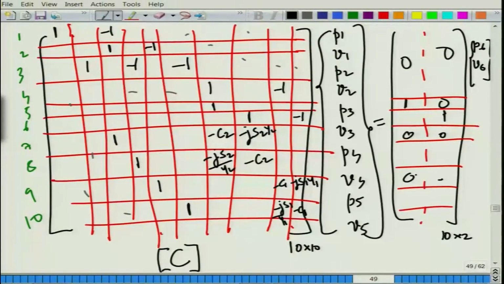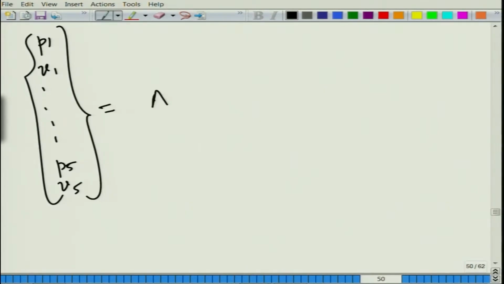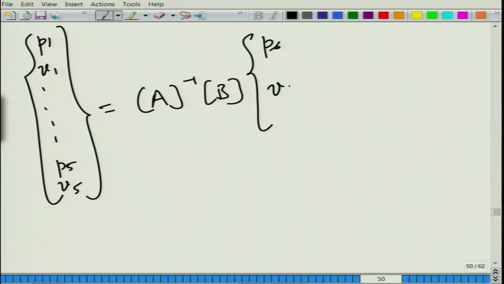Now, let me call this the B matrix, and actually instead of calling it C, let me call it the A matrix. A would be better. So, eventually what we will get is that the big vector spanning P1 V1 all the way until P5 V5 will be A inverse times B times P6 V6.